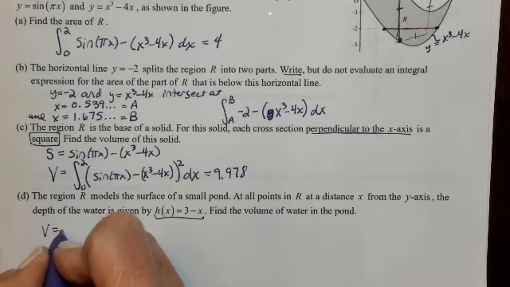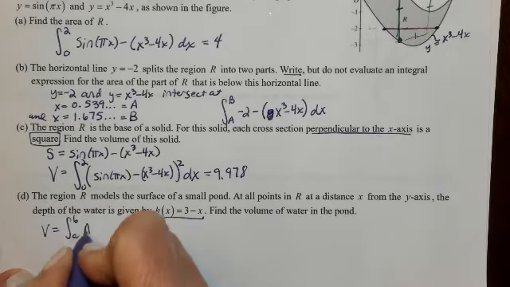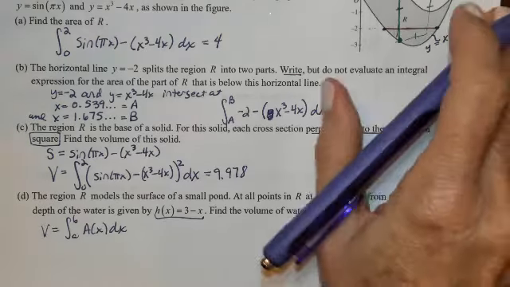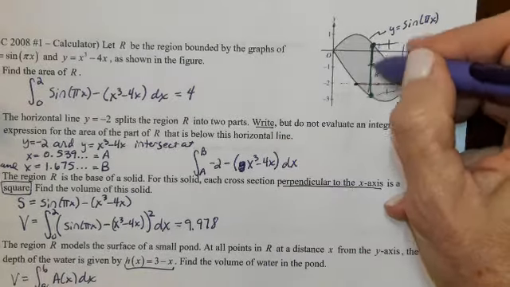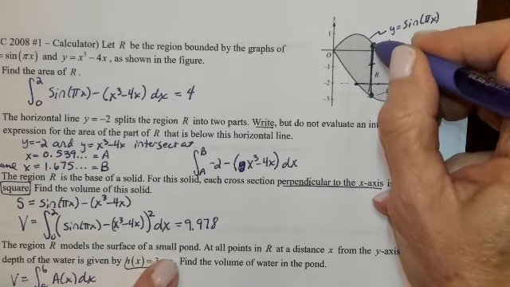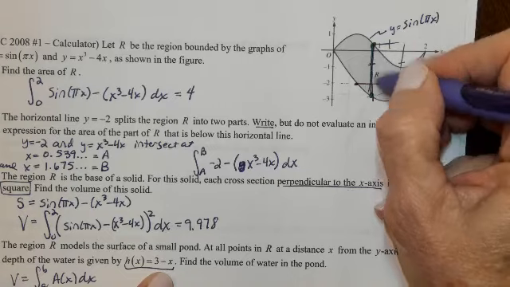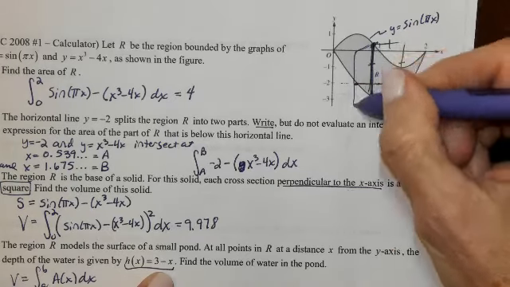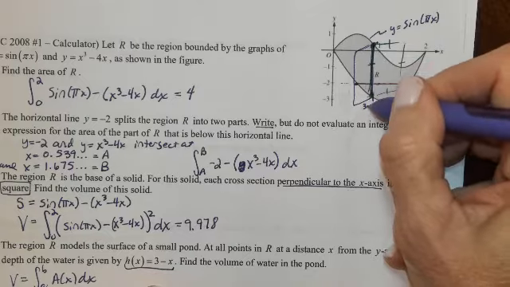Volume is always the integral of the area with respect to x, or area of y with respect to y. So we have this as our general formula. I know the depth of the water at any spot, x units away from the y-axis, so at this distance from the y-axis, the depth is 3 minus x, right?